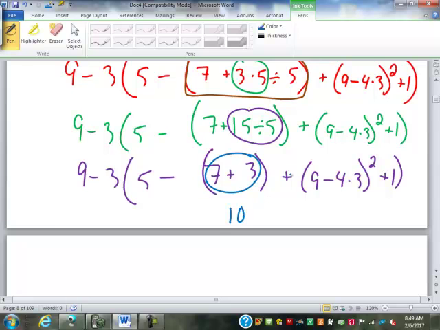Now we're down to a single number, so I'm going to take out the parentheses. Do I have to put in any multiplication? No, there's operations on both sides of the parentheses already. So there's no need to put any operations in when I remove the parentheses.